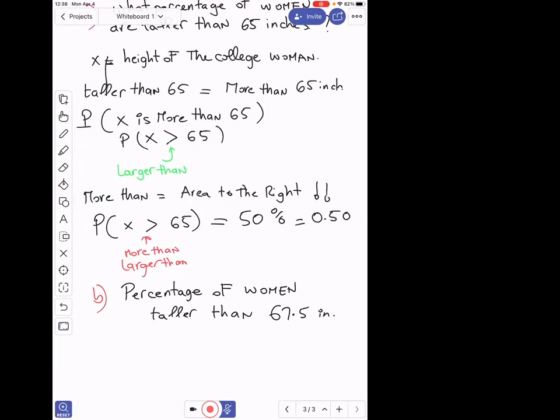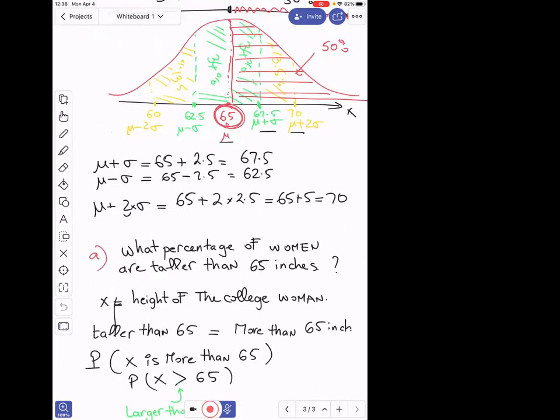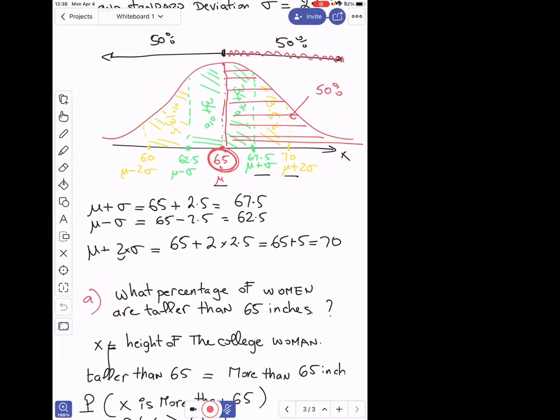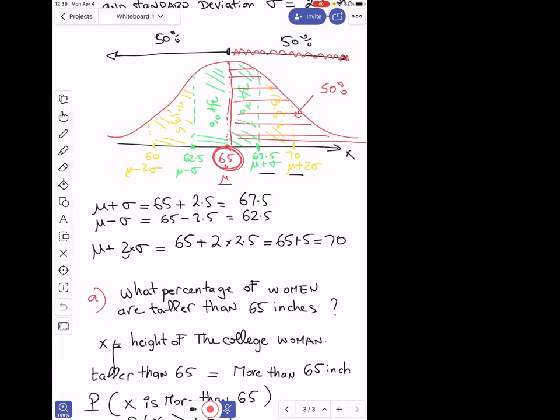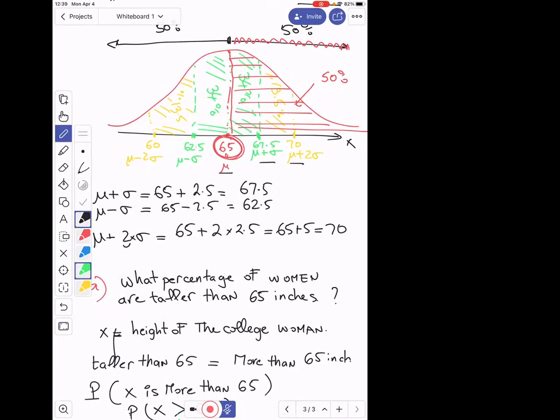Right? So any guess, guys, what will be the percentage of women taller than 67.5 inches? All right, 67.5. Say again? Would it be 50? 50 would be taller than 65. Here I'm saying 67.5, right? This is my 67.5.